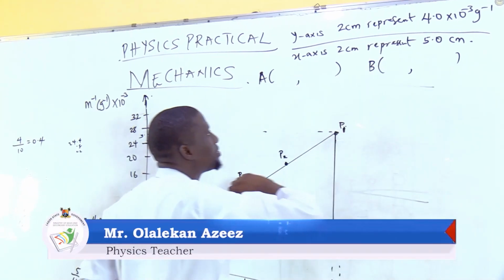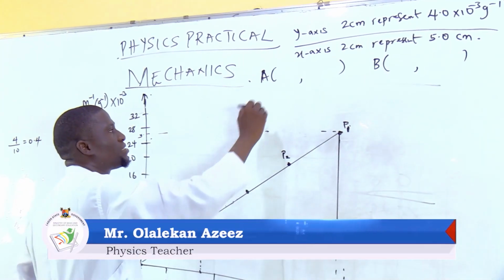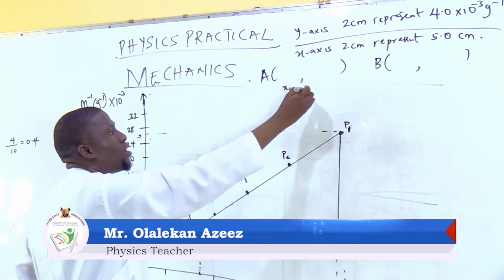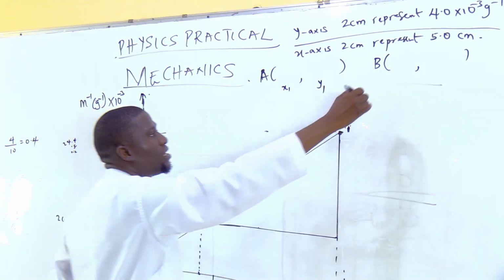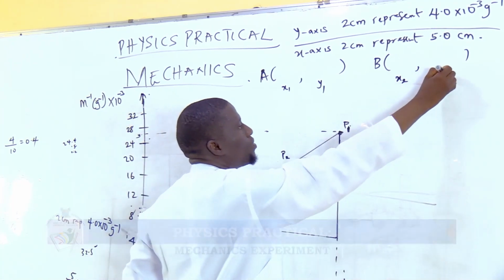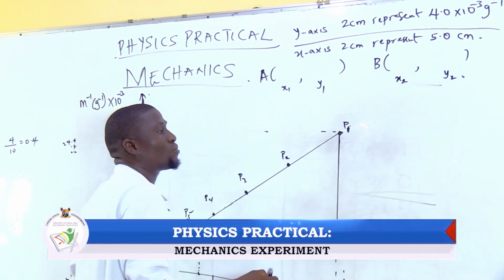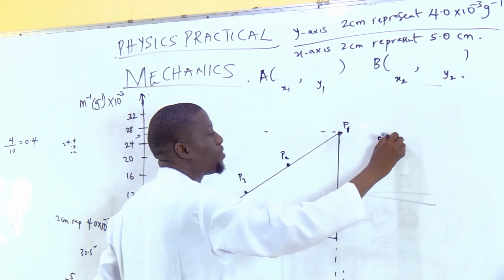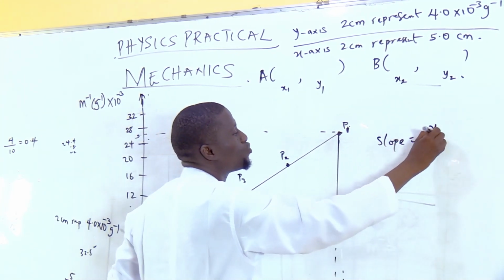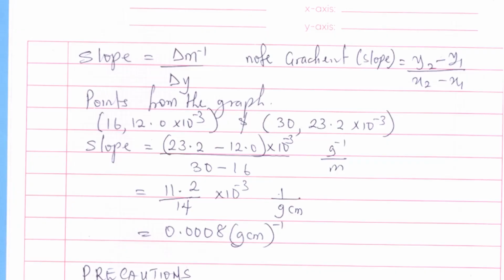You put brackets in that. You remember from mathematics, the first one is x1, y1, this is x2, y2. Now, if you go back to gradient formula, which is also the slope, we can say it is y2 minus y1 over x2 minus x1.